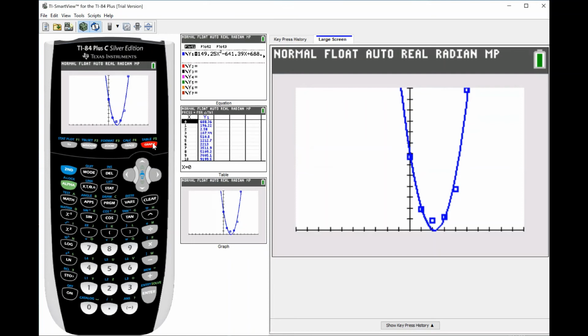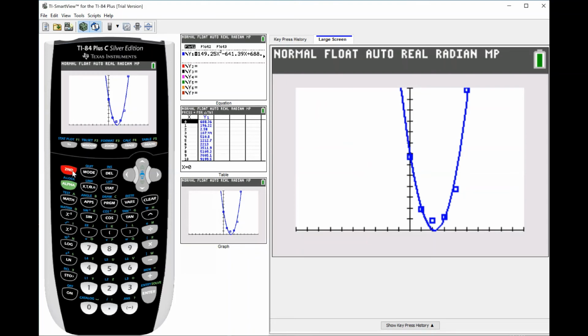So what I can do is what I did on the previous problems, go back to the home screen and plug in 11 for X. Now, why would I plug in 11 for X? If I'm looking for the year 2025, that's 11 years after my starting year, which is 2014. So we're looking for what is Y when X is 11.